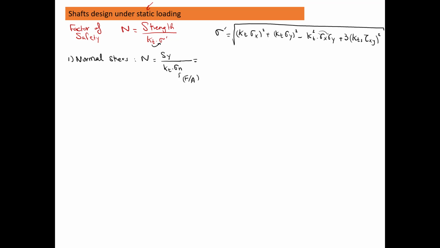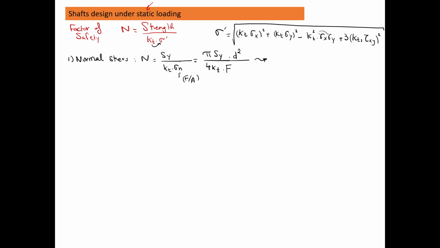If we substitute here, it's kind of SY times A divided by KT times F, so it becomes pi SY over 4 KT times the load F times the diameter squared.